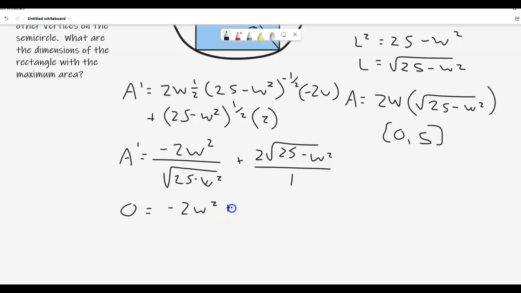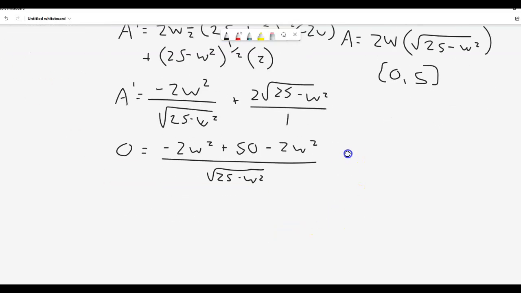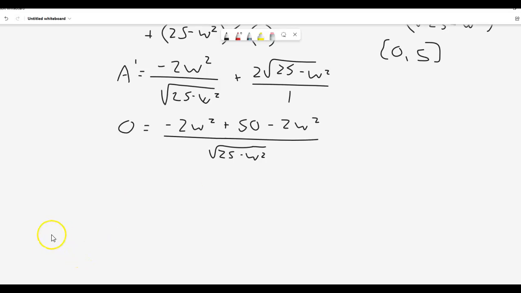So that's going to be plus 50 minus 2W squared, and this is all going to be over the square root of 25 minus W squared. So as long as our answer isn't 5 or negative 5, we can just look at the top there, because as long as the top is 0 and the bottom is non-zero, we're going to get a 0 there. So once again, we just can't have a 5 or negative 5 in our solutions.